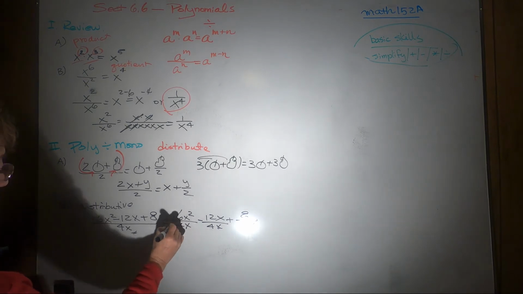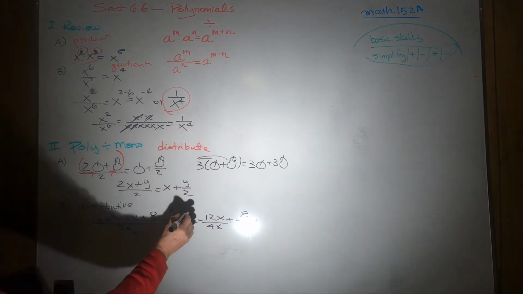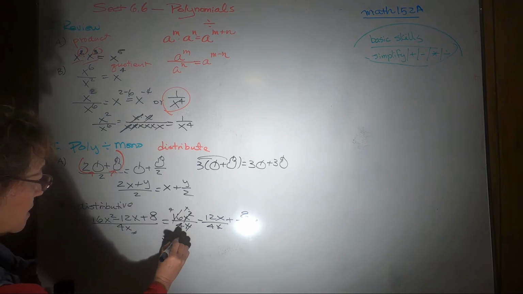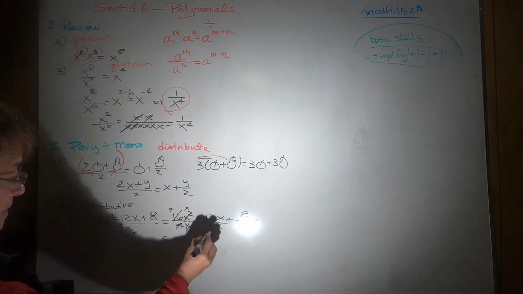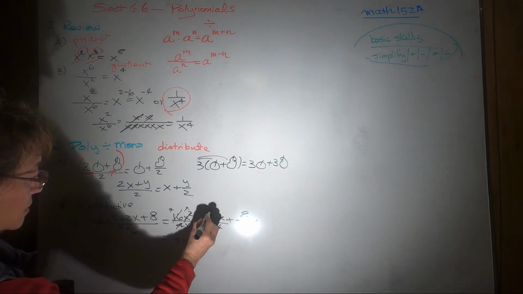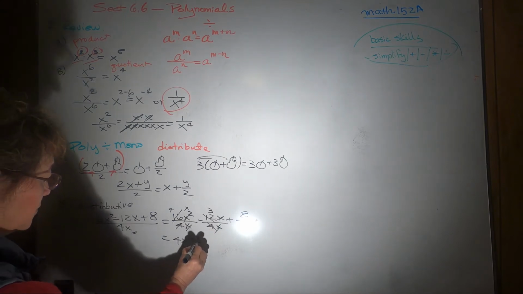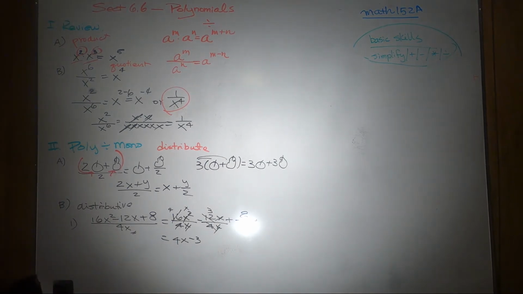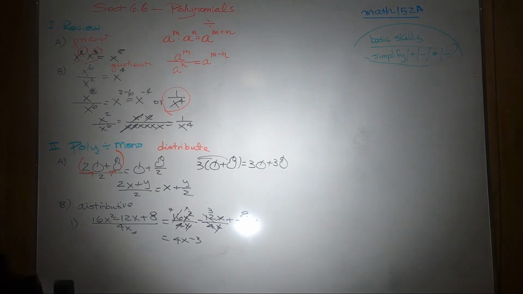Then you simplify: the numbers reduce, and x squared over x leaves x, so you have 3x over 2. Those cancel out, 12 and 4, that would be minus 3. That's all fine, until the last one, where you have some kind of problem, okay?